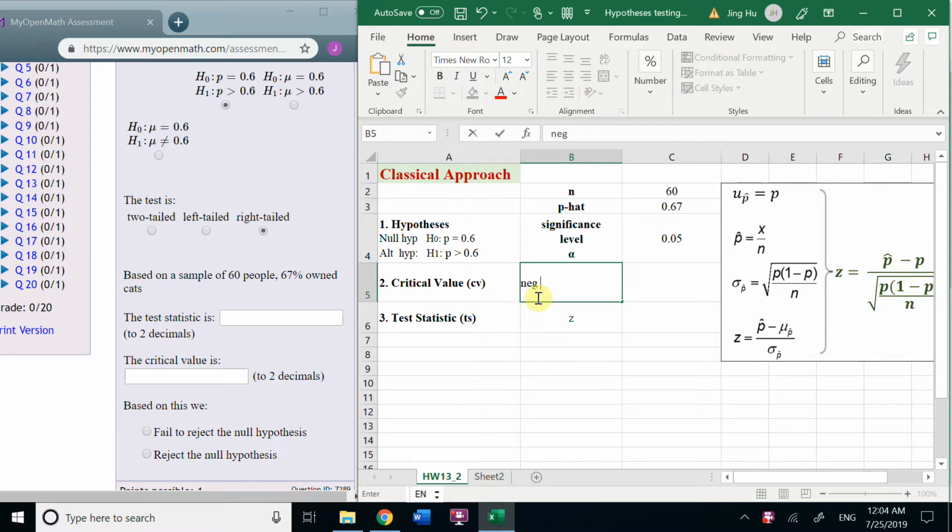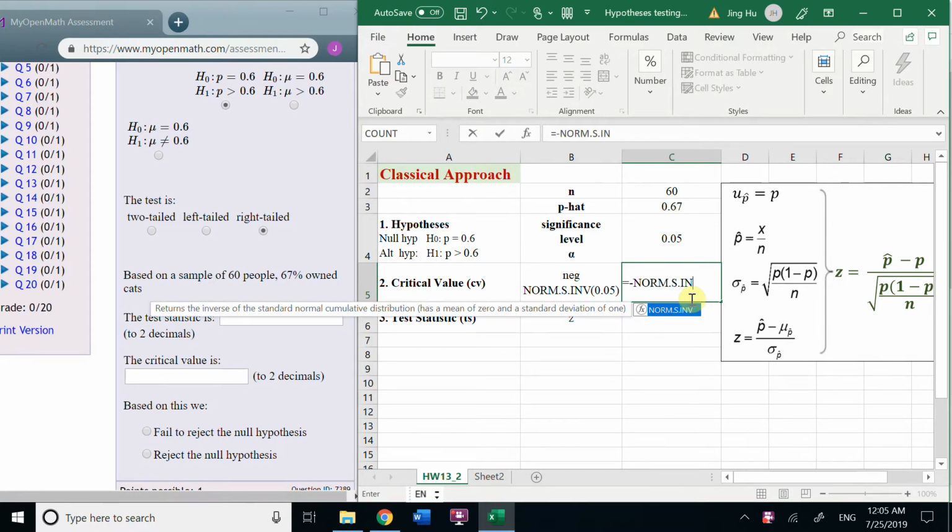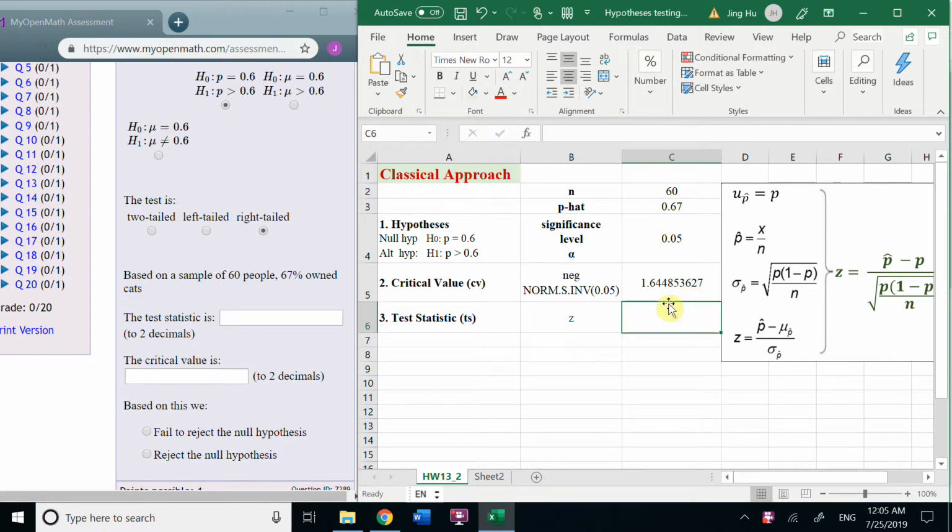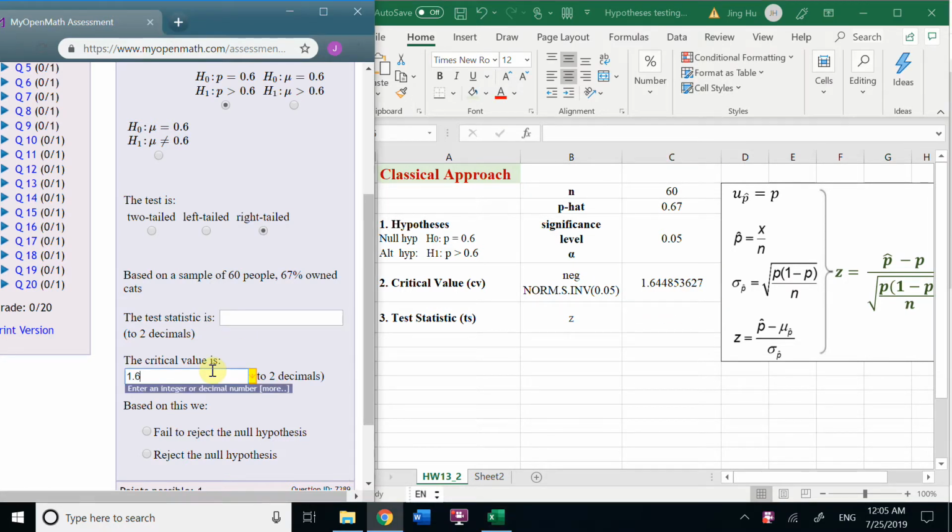So negative norm.s.inv of 0.05 equals negative norm.s.inv 0.05. We get 1.64.